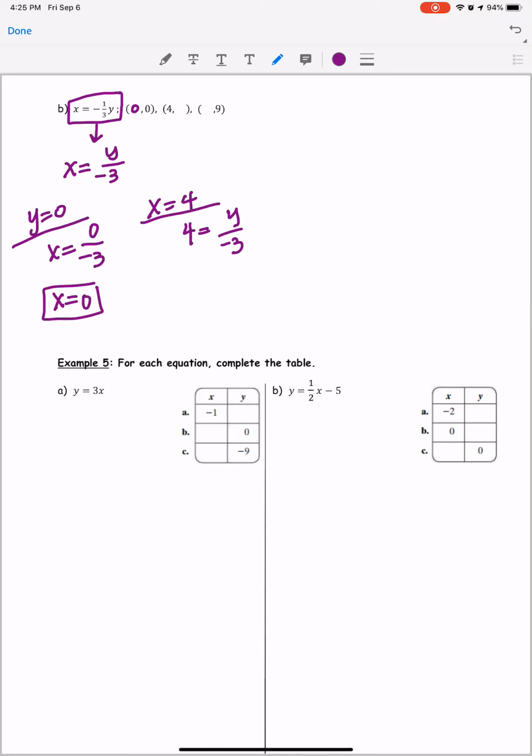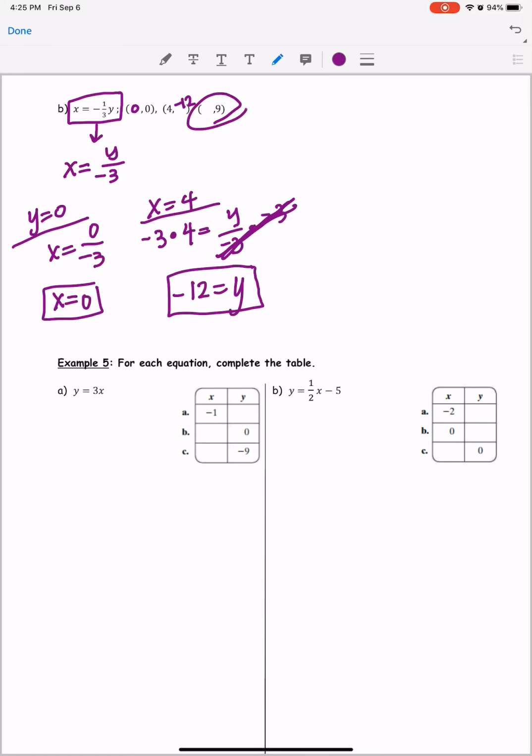The opposite of dividing by -3 is to multiply by -3. So -3 times 4 gives me -12. -3 and 3 cancel each other out, and we're just left with y. That was kind of hard to write in, but that's a -12 there.